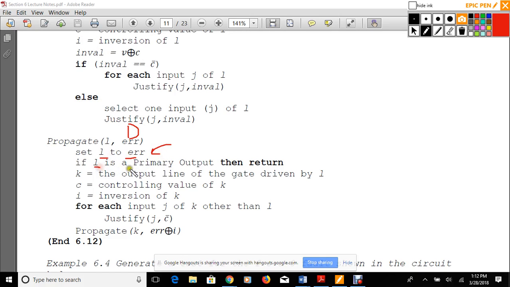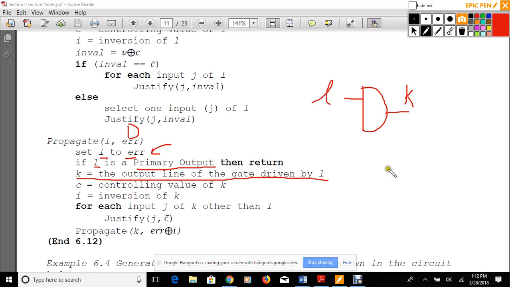And if L is a primary output, then of course we're going to return because we know where the error is. Otherwise, K is going to be the output line of the gate driven by L. So we have an AND gate here, and we have L driving this line, then this would be K. So C is the controlling value of K, and I is the inversion of K. So either K is an output, or we have a controlling value.